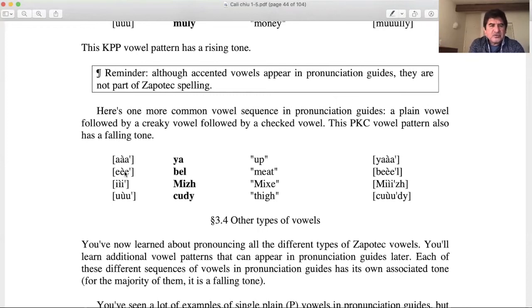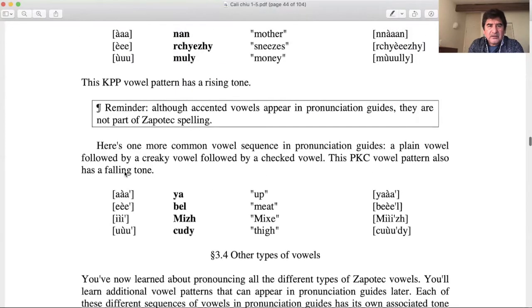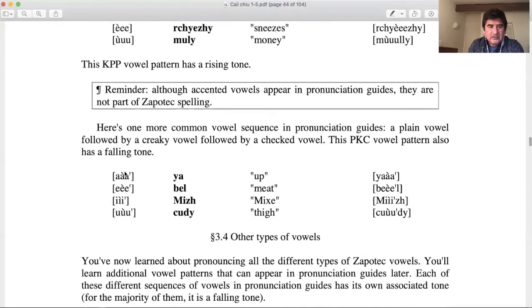So continue with these examples on the plain creaky check vowel. So let me start again. Yeah, yeah, well, well.